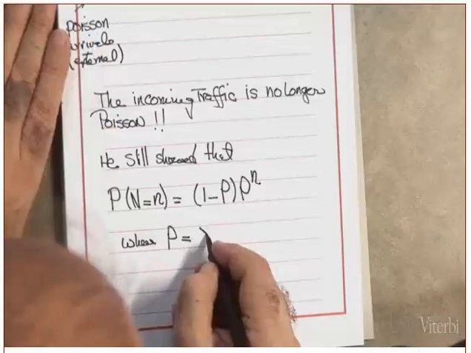Okay, what is rho 1? Rho 1 is lambda 1 over mu 1. What is rho 2?